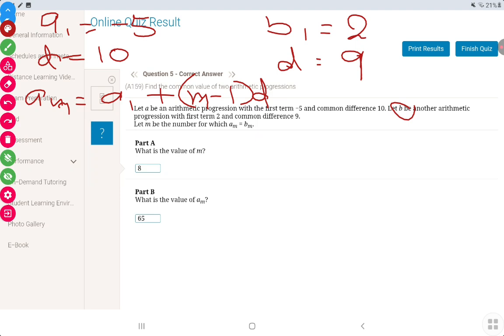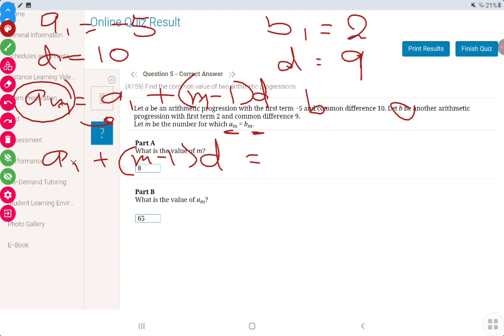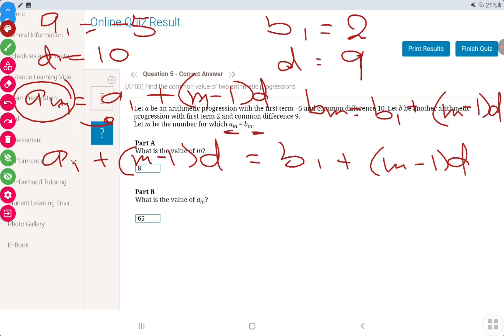So we substitute. They told us am equals bm, so we know am is equal to this, so we substitute a1 plus m minus 1 times d equals bm, which is the same exact thing, except you can change the name of the variable. Bm is also equal to b1 plus m minus 1 times d.